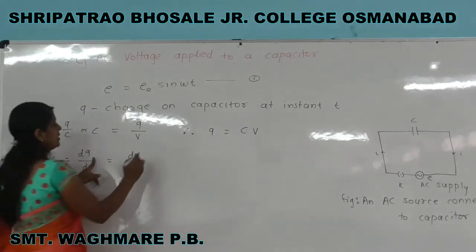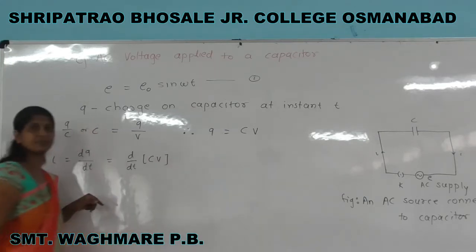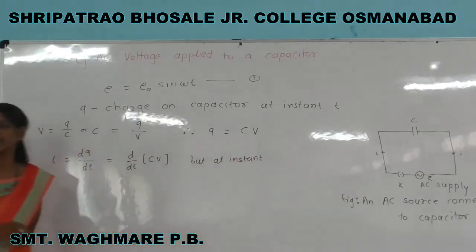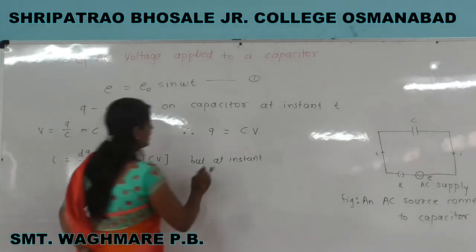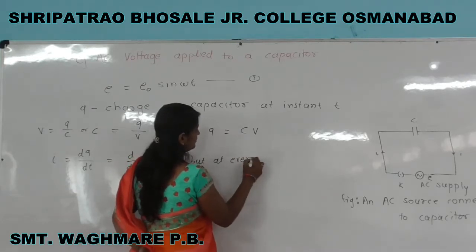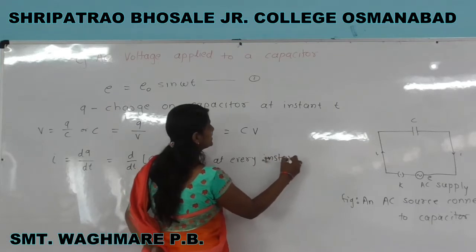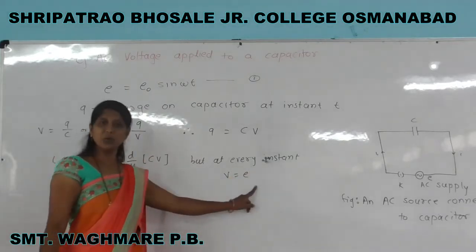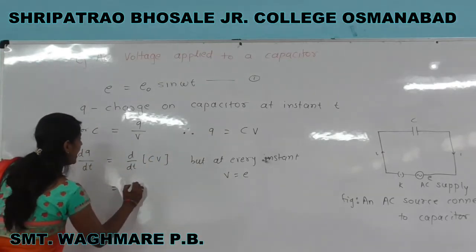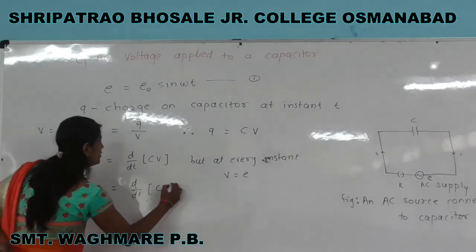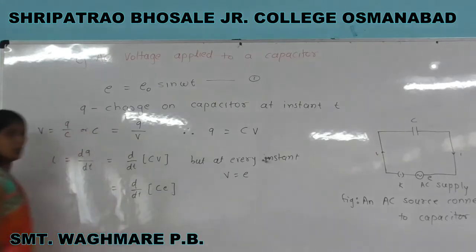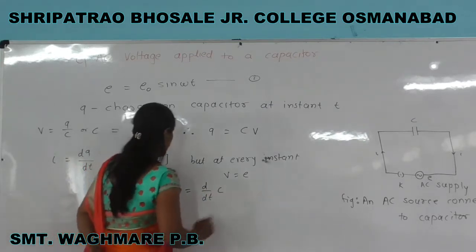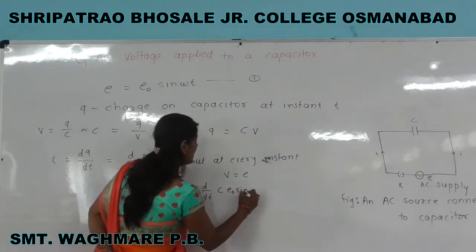But at every instant, V is equal to E. Therefore this equation can be written as d by dt of C into E, which also equals d by dt of C into E naught sin omega t.